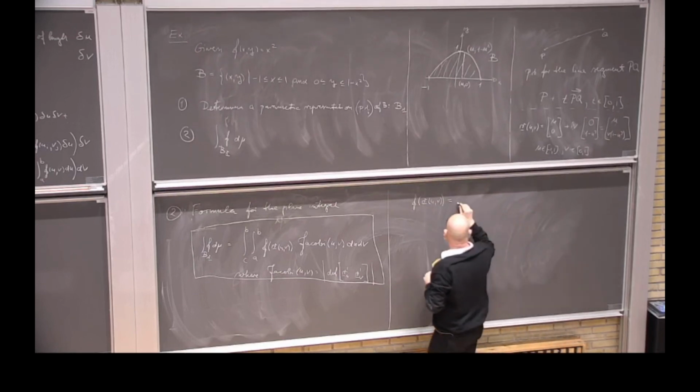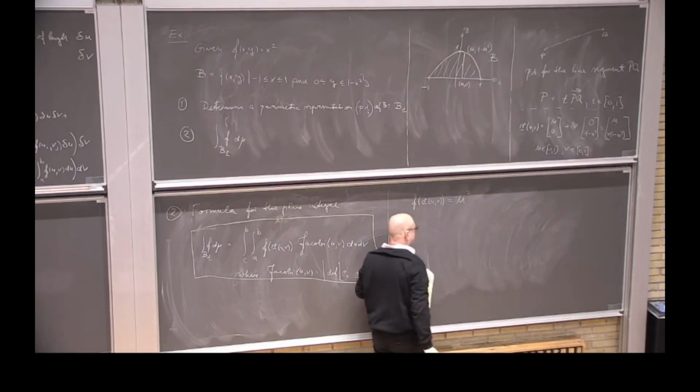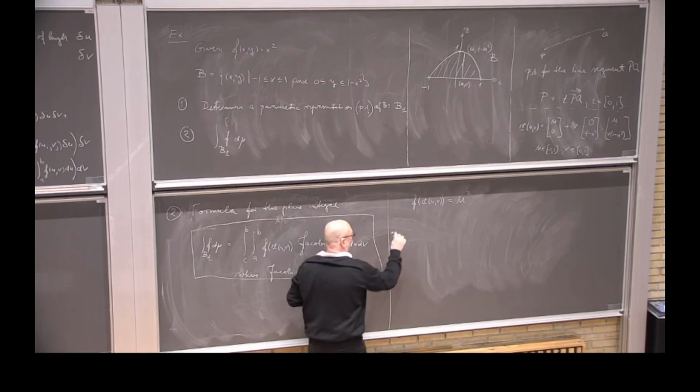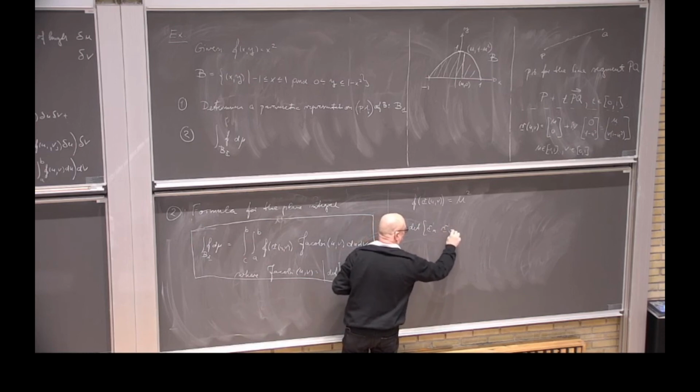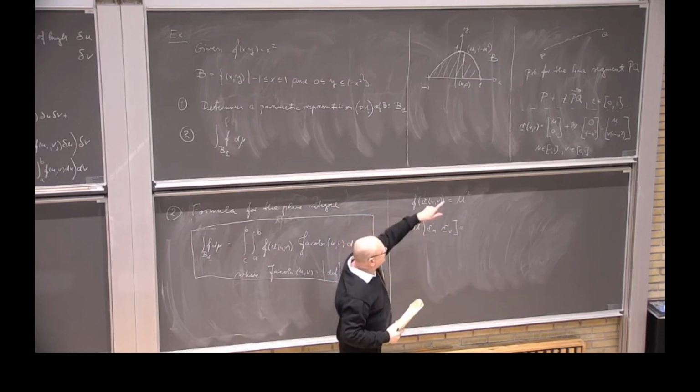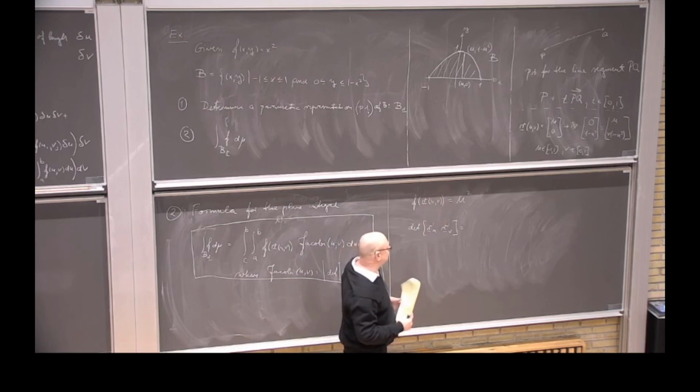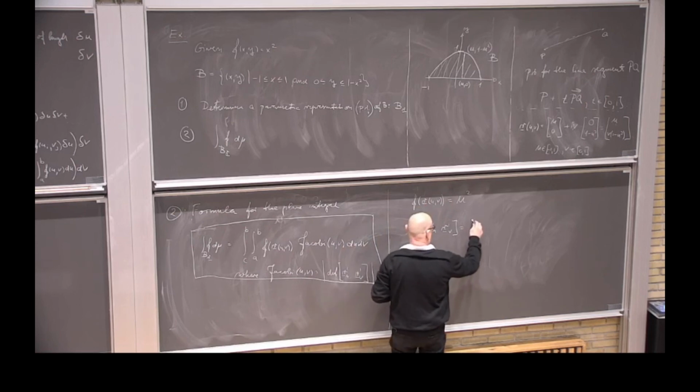So this is simply u squared. Now I need this determinant. So I need to differentiate my parametric representation with respect to u.